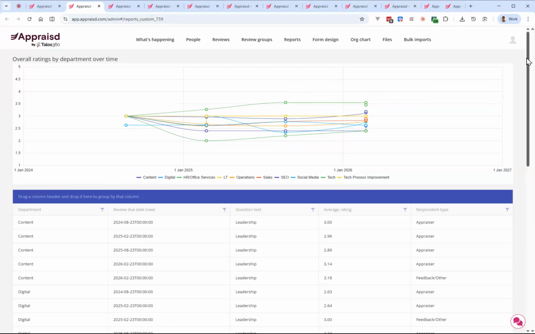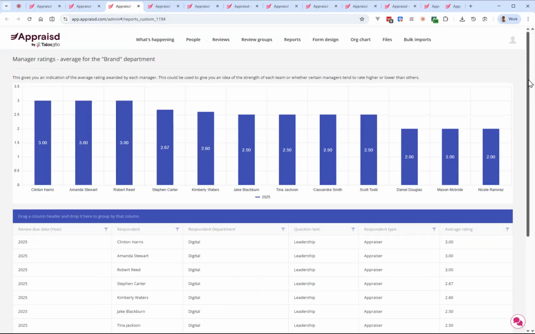What's really great about this chart is it allows you to pick out the problems or the areas of interest, the aberrations. So we might look at this line that's gone down significantly and investigate that with one of the other reports in a little more detail or refer to the data down below.